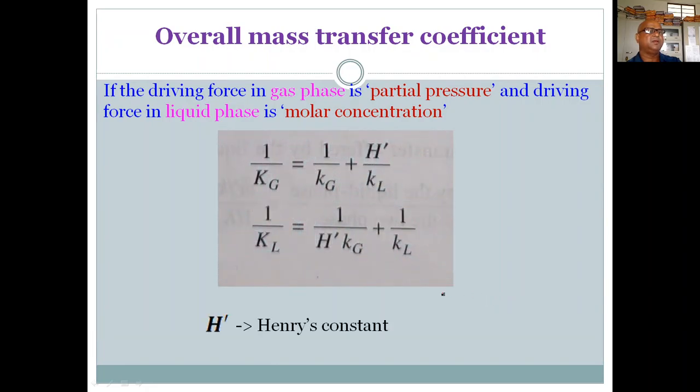If the driving force in the gas phase is partial pressure, the corresponding coefficient is kg. The driving force for the liquid phase is this one. Similarly, if you take the overall mass transfer from the gas phase and liquid phase, it will come with a similar concept.